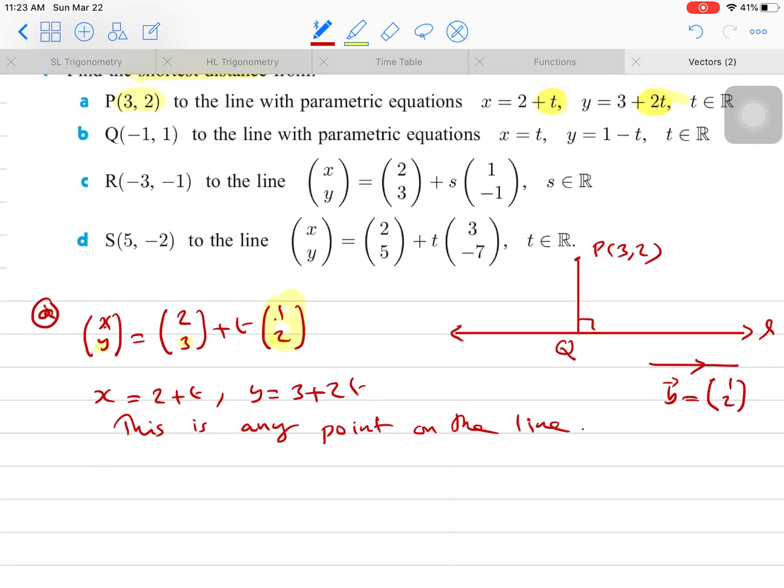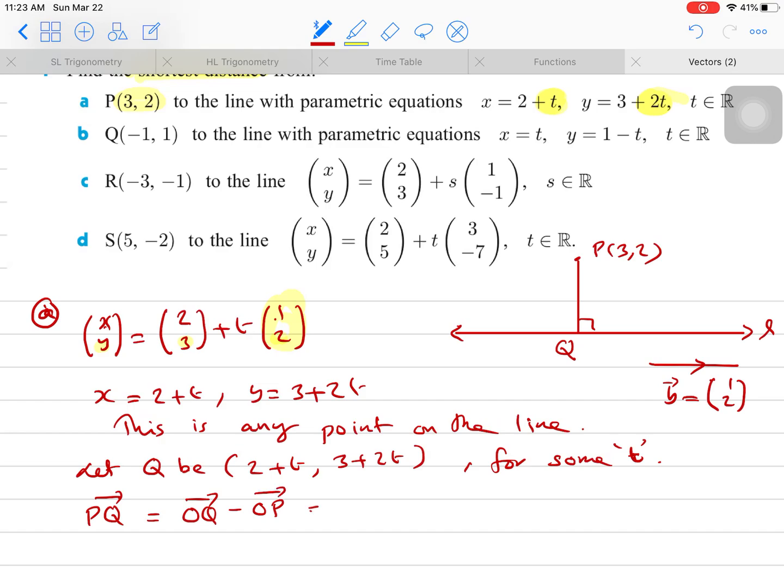If it is any general point on the line, it could also be Q. So let Q be (2 plus t, 3 plus 2t) for some value of t. I don't know for what value of t, which I'm trying to find now. I'm going to find vector PQ. Vector PQ is OQ minus OP.